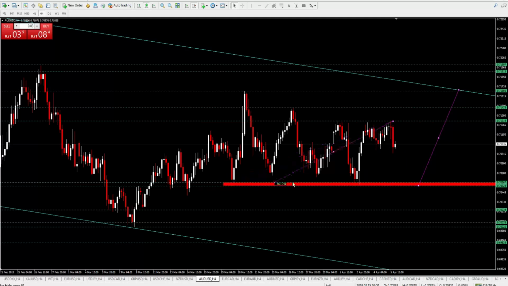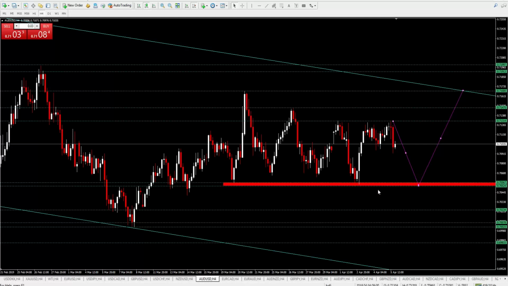If we can get a push, we can see the market moving up to test the channel. We are still in the channel all the way to 0.71680. So if you can get this move happening, it's going to really help us get into the market as a buy trade.